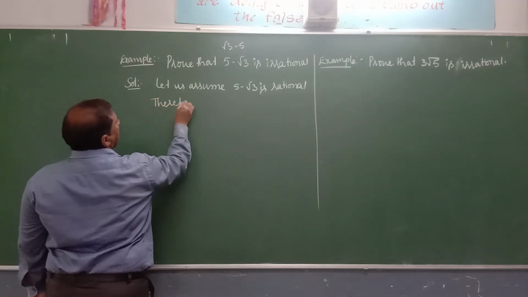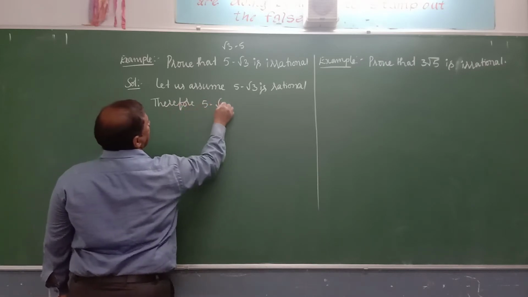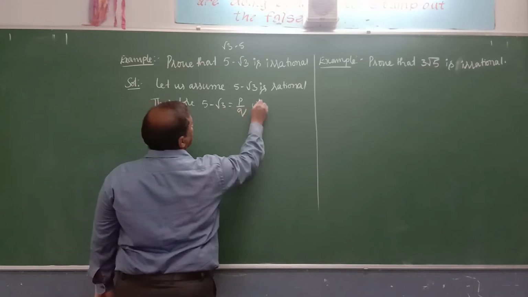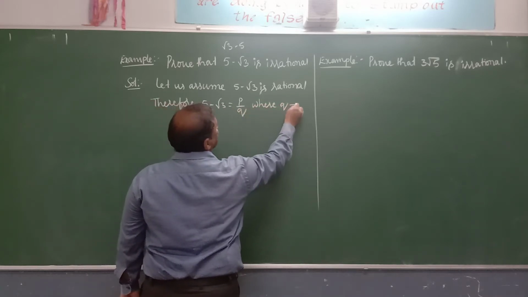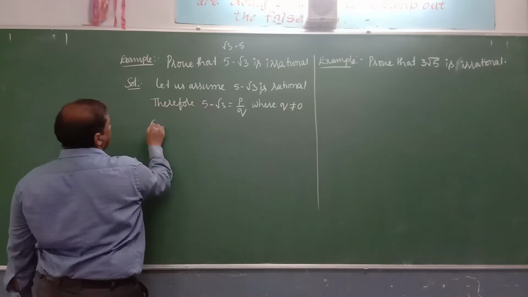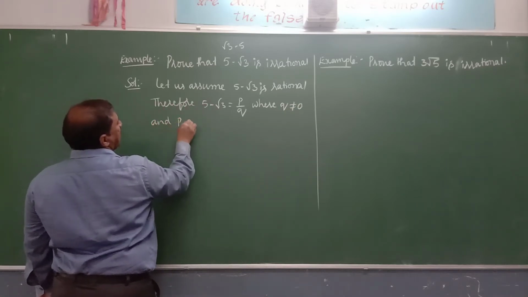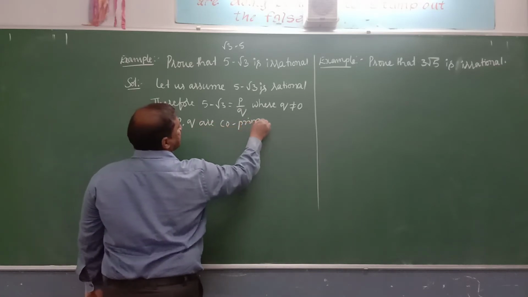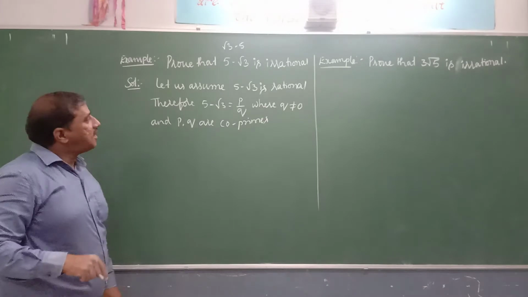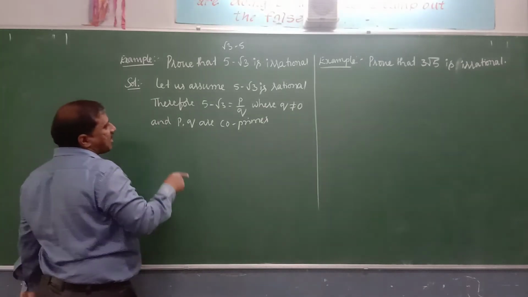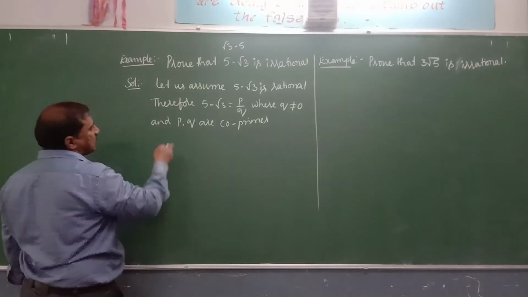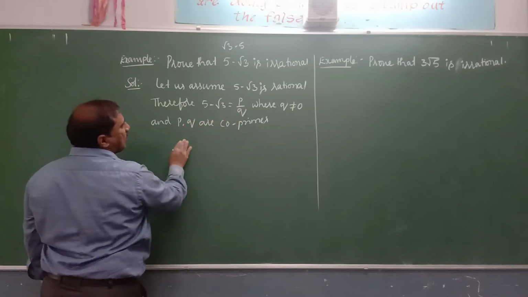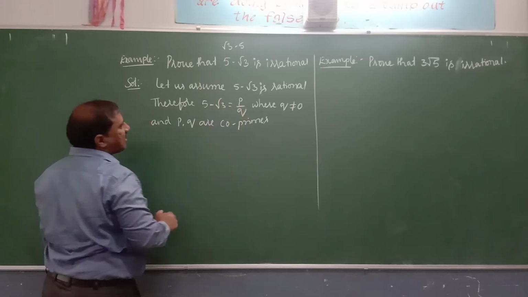Therefore 5 minus root 3 is equal to p by q, where q is not equal to 0 and p, q are co-primes. Transpose p by q to the left hand side and minus root 3 to the right hand side.